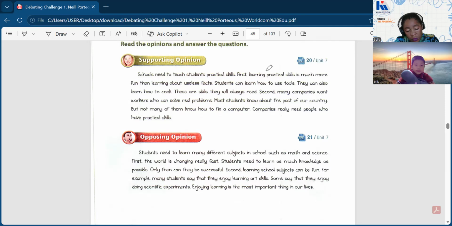Only then can we be successful. School subjects can be fun. For example, many students enjoy learning that skill. Some say that enjoying learning is the most important thing in life.